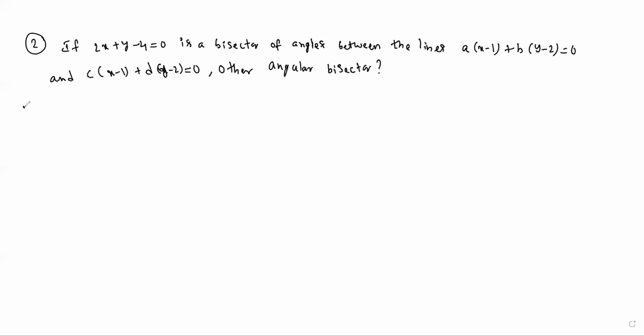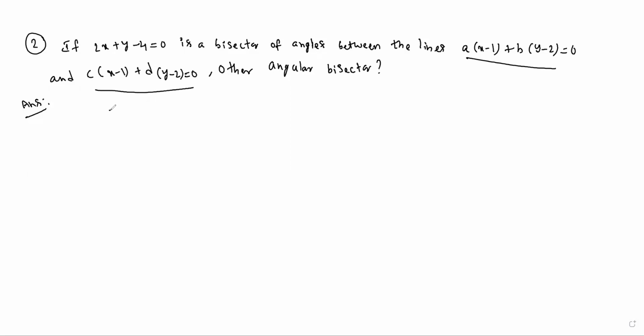Okay. Now, in the given statement, the angular bisectors are clearly perpendicular to each other. And one more thing, if you observe, these two lines are satisfied by the point 1, 2.